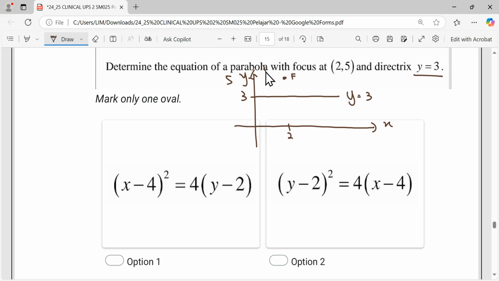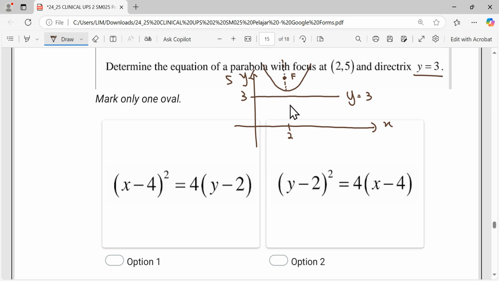Your focal point has to be positioned within the parabola's concavity here. So therefore, we can get your parabola shape here, which is open upward. It cannot be like this.